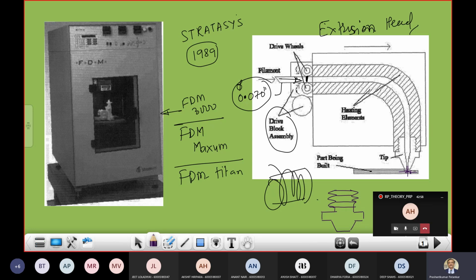Usually the diameter is in the range of 0.012 to 0.025 inches, so in this range you will get various tips.